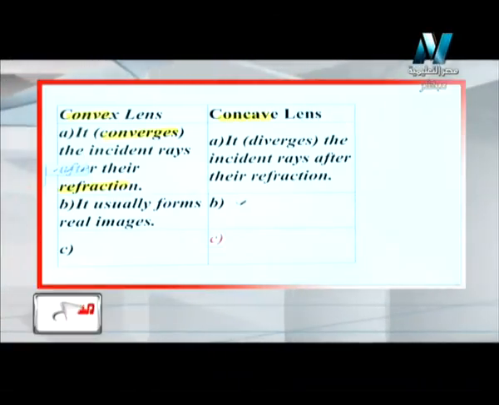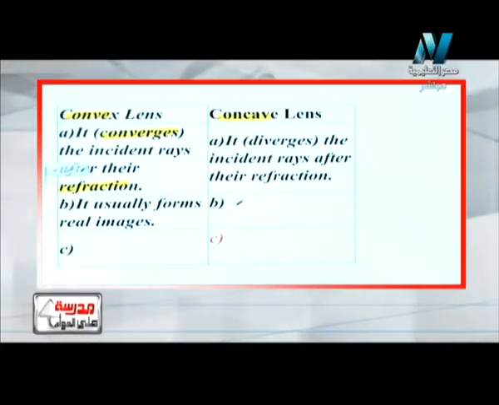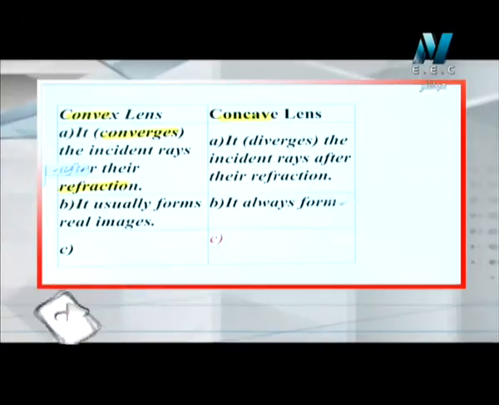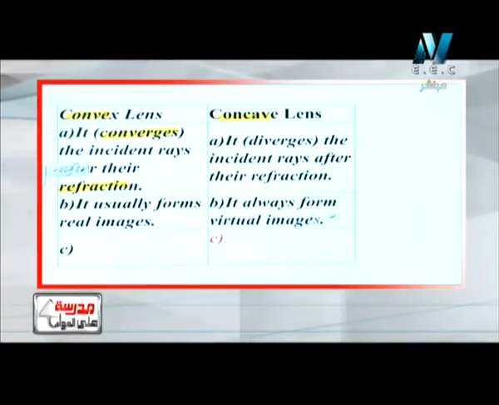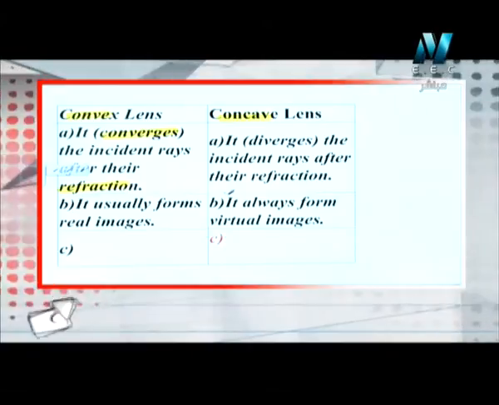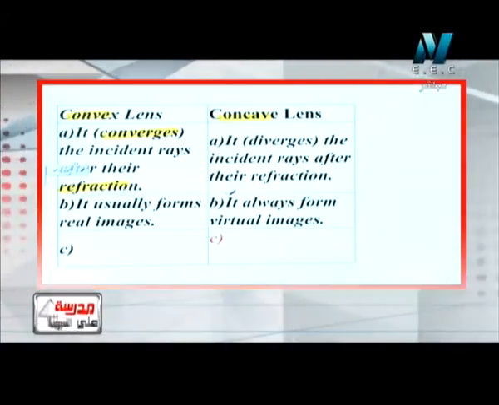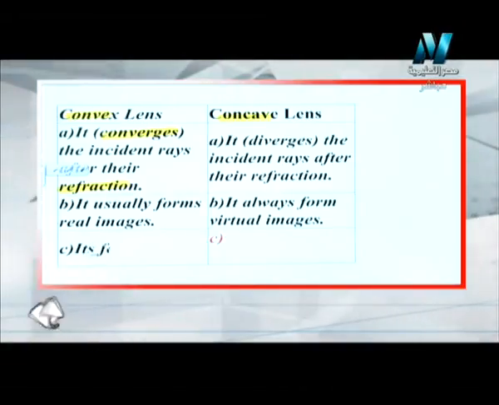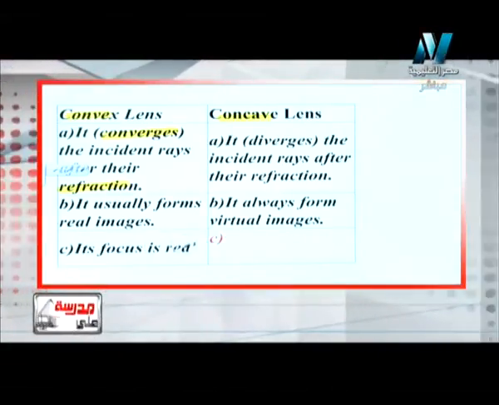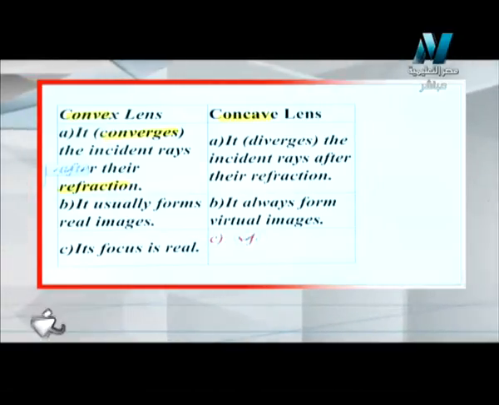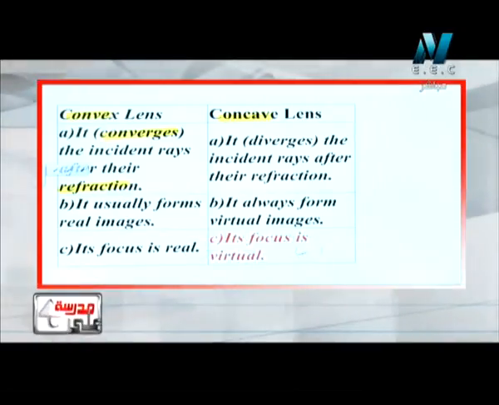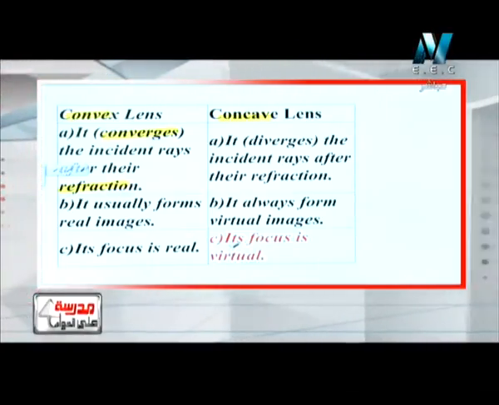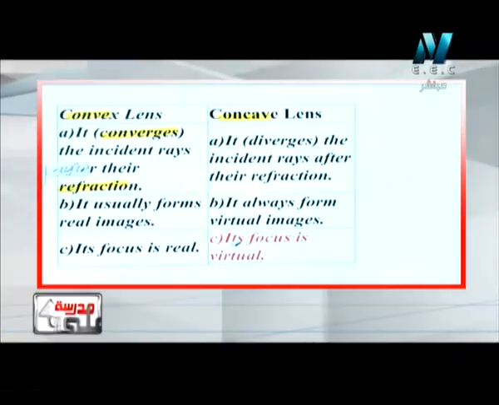At the same time, the concave lens always forms virtual images, not real images. Number 3: in the convex lens, the focus is real, but in the concave lens, the focus is virtual, because its focus is formed due to the intersection of extensions of refracted light rays.